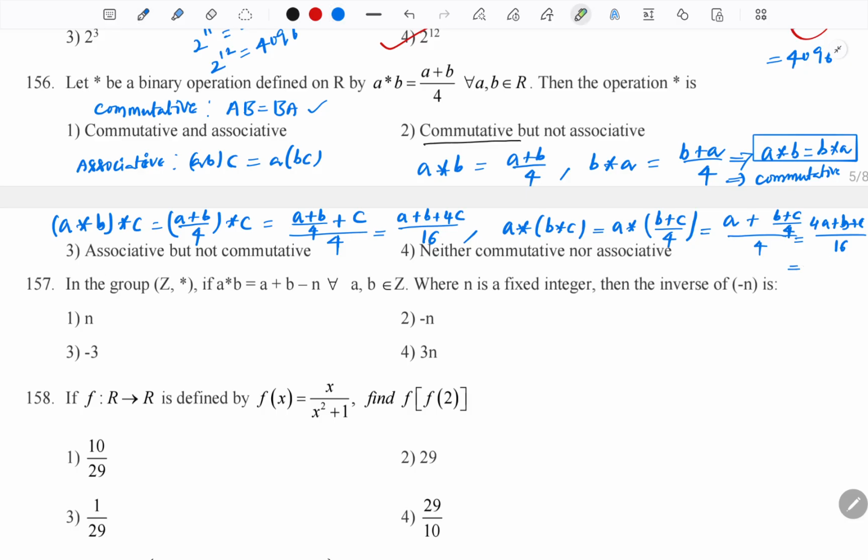This answer goes to this one. It's 4C, it's 4A. It is not equal, right? From this we can say it is not equal.